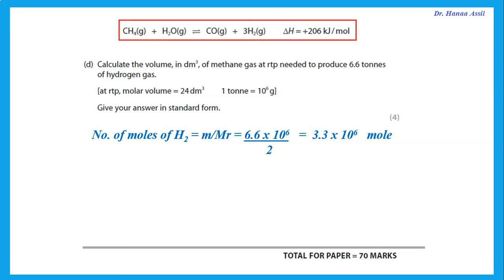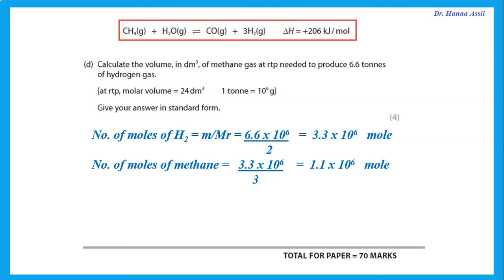You should realize that molecular mass of H2 is 2. And that gives the number of moles of hydrogen. Now, what are we asked about? We're asked about methane. So we look at the equation and we relate the number of moles of hydrogen to the number of moles of methane. And you can see that 1 mole of methane gives 3 moles of hydrogen, and that means the number of moles of methane should be the number of moles of hydrogen divided by 3.